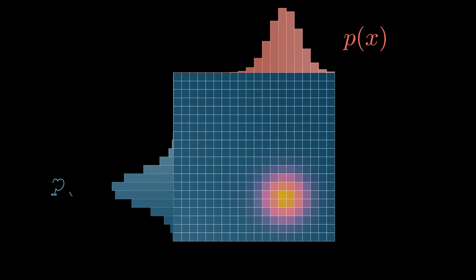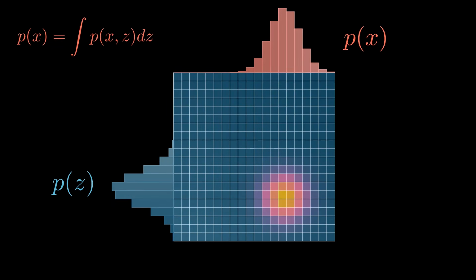As before, we denote the marginal distribution of x as p of x and the marginal distribution of z as p of z. Note that these are two separate densities, although we write both densities with a p. An interesting property of the joint distribution is that we can use it to compute each of the marginal distributions. This process, known as marginalization, involves integrating the joint distribution with respect to the other variable.